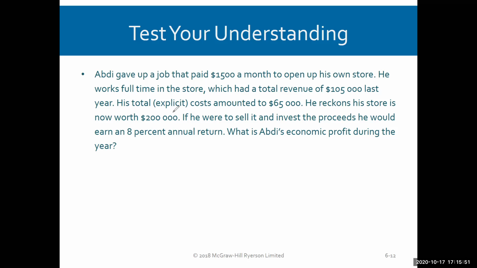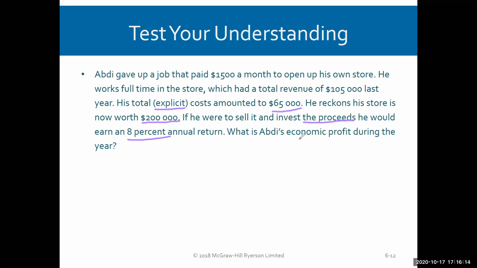His total explicit costs, and notice they actually give it to us, you don't even have to add them up, are $65,000. He figures his store is now worth $200,000 if he were to turn around and sell it. And you're supposed to start thinking, okay, if he sold it and invested the proceeds, he would make an 8% annual return.